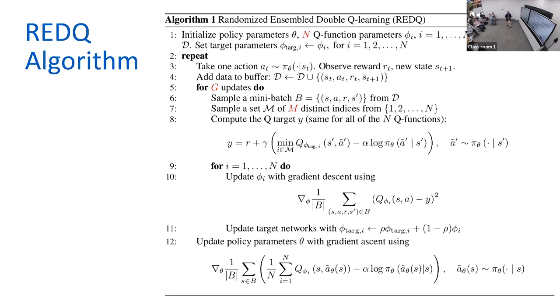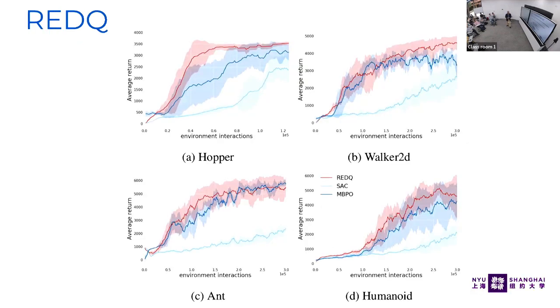If we only use one Q function, we'll overestimate it. If we use too many of them, we'll underestimate, and we have to find just the right number. So we leave this as a parameter M. It turns out that the magic number is 2, and then things work out. With that algorithm, we were able to get much better results.